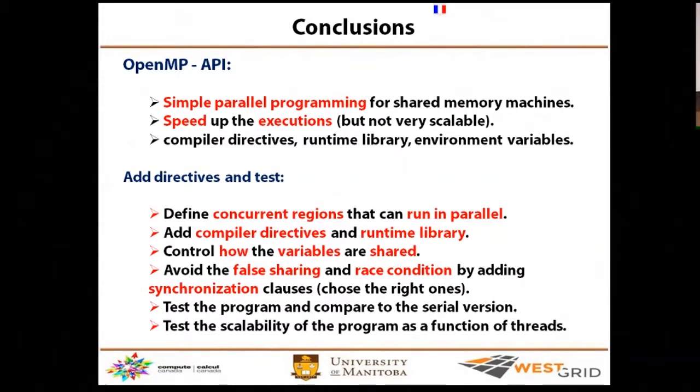You also need to control how the variables are shared, in order to avoid race conditions. And the most important thing, you need first to test the program and compare it to the serial version, because if you did something wrong in synchronization, or there was a race condition, you will get different results. So it's important to test and compare to the serial version.